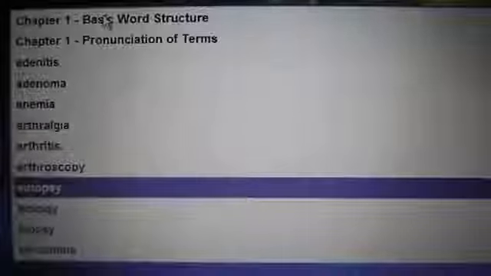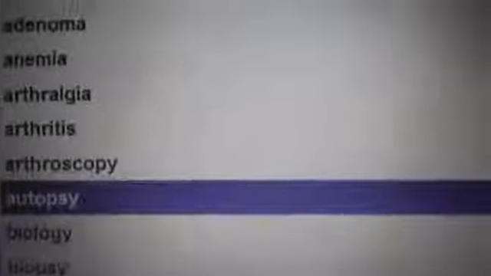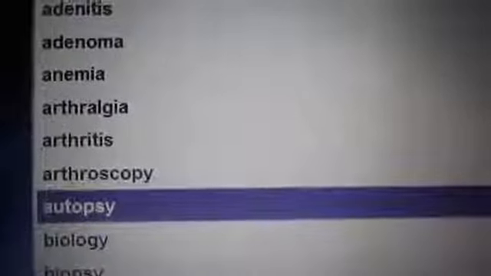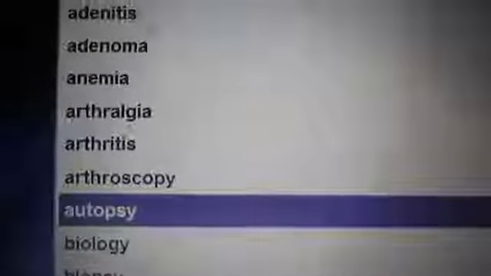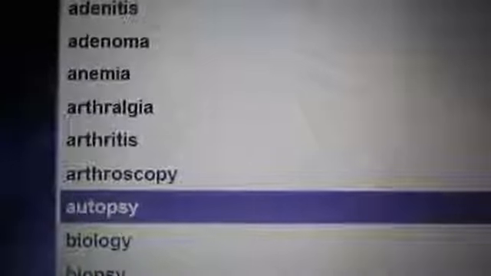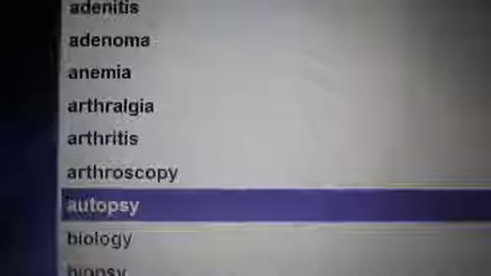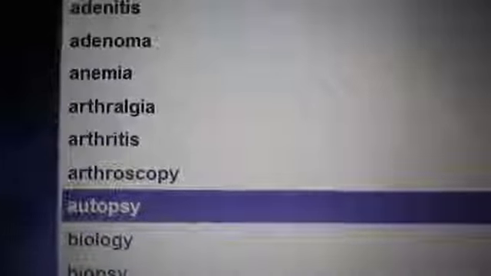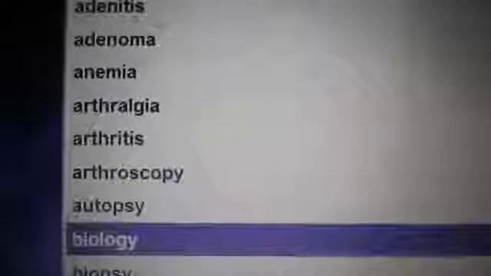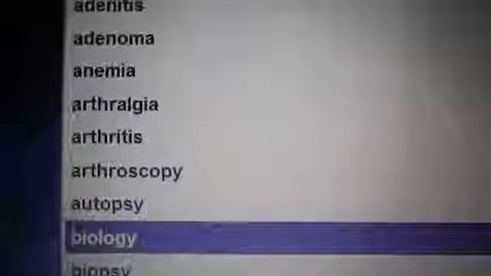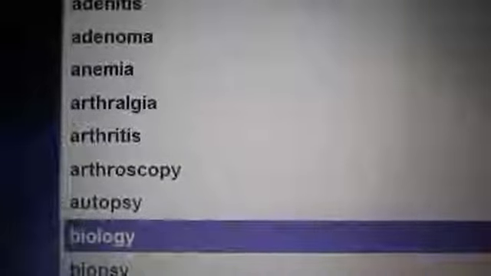Autopsy. The prefix auto, A-U-T-O, means one's own or oneself. The suffix opsy, O-P-S-Y, is the process of viewing. An autopsy is an examination with one's own eyes of a dead body to determine the cause of death. Biology. Bio, B-I-O, is the combining form meaning life.